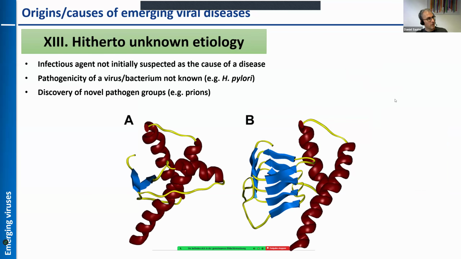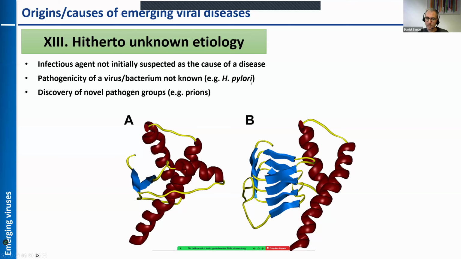Then another interesting example of a newly emerging virus or newly emerging pathogen would be an infectious agent that has been known for quite some time, but was initially suspected to be harmless. One example would be the bacteria Helicobacter pylori.